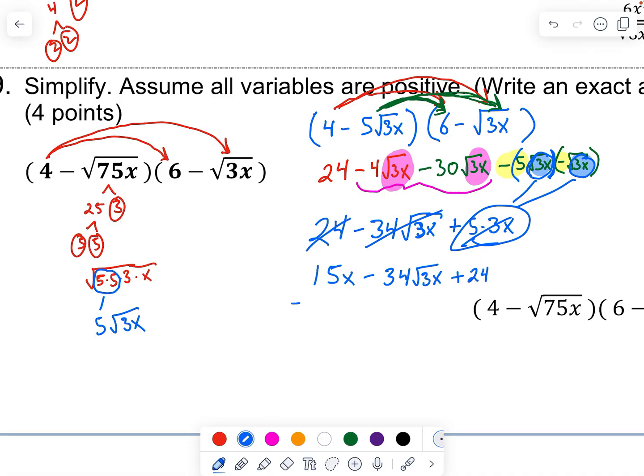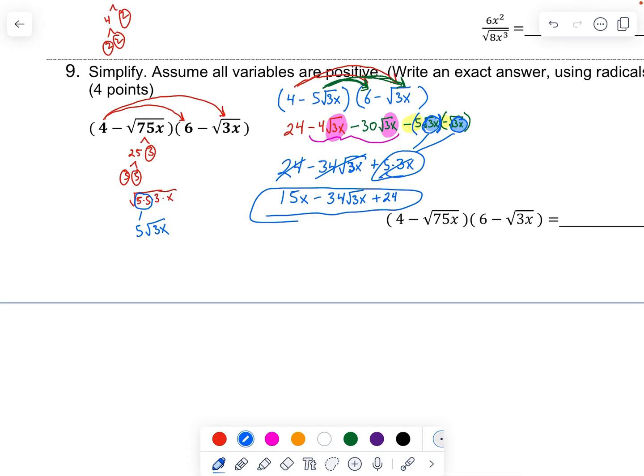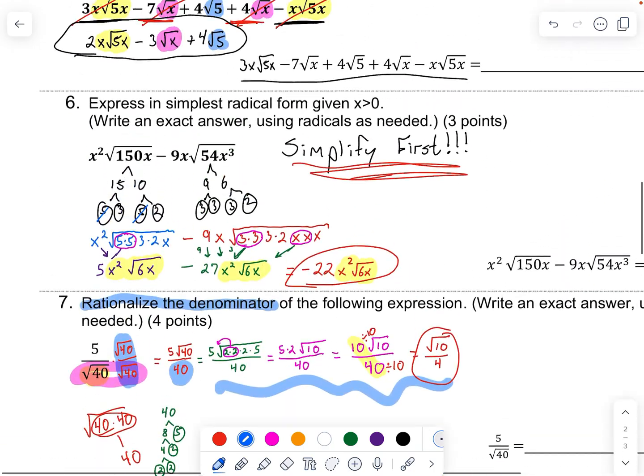And there's my simplified answer. I think that's all we got here on our review.